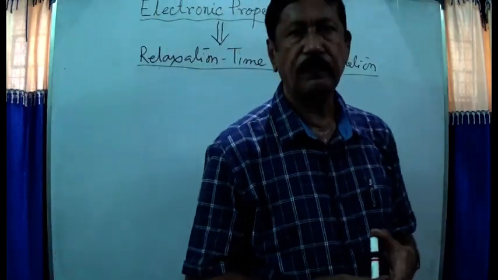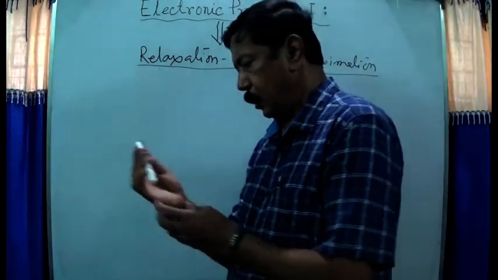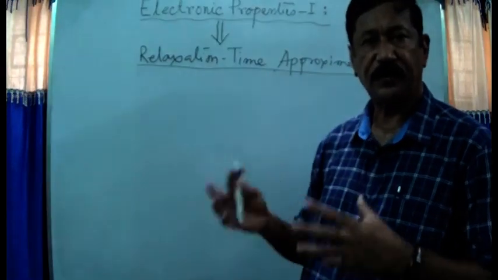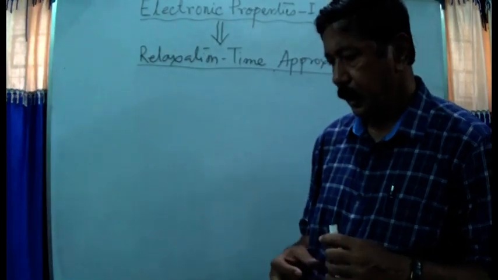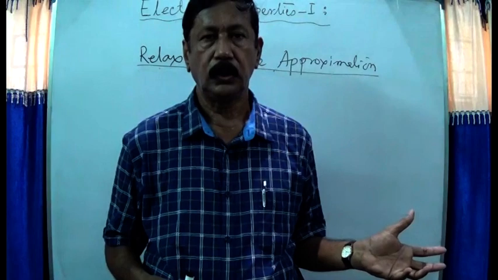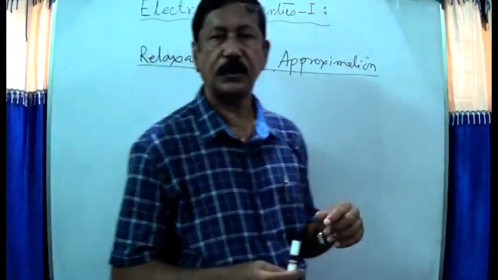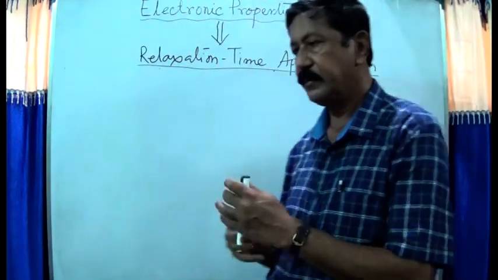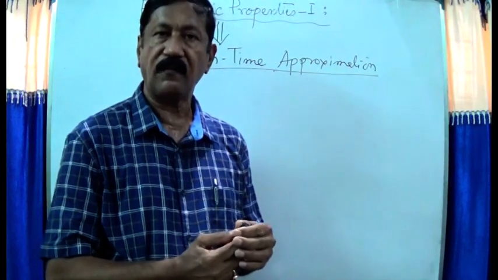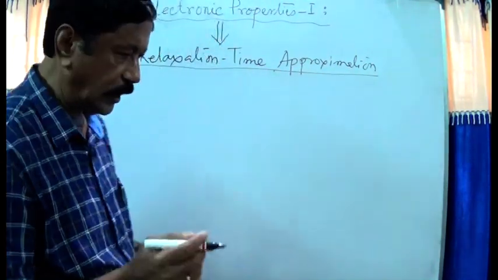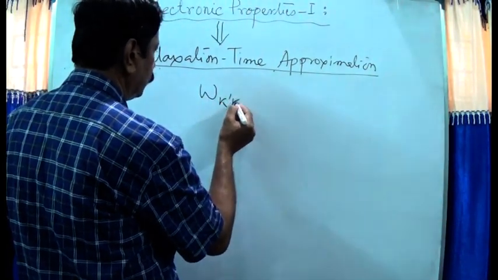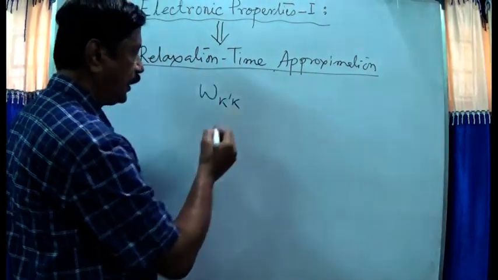I have told you that a non-equilibrium situation arises out of the application of an external field. The situation may come back to its equilibrium distribution by way of scattering phenomena. And in evaluation of scattering phenomena, we came across a quantity which we call W k k prime, the scattering probability.